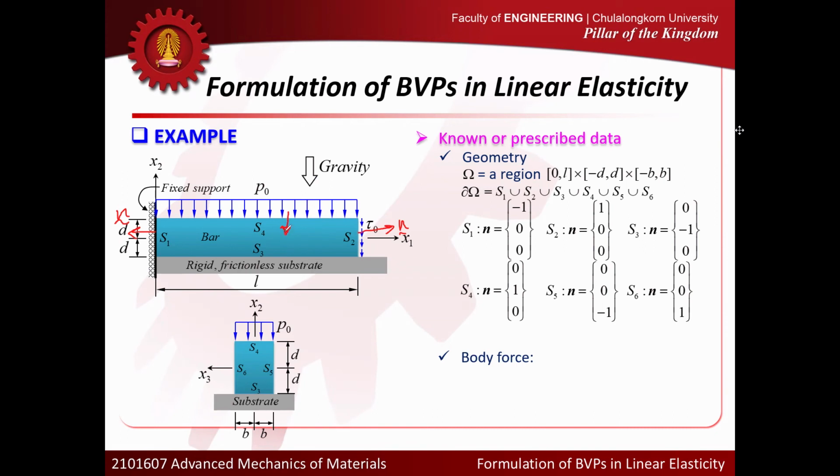So the body force field has non-zero components in the negative x2 direction. I can write that down explicitly. The vector B for this problem is simply 0, minus gamma, and 0. And gamma here is a given unit weight of the material. Is that clear to you?